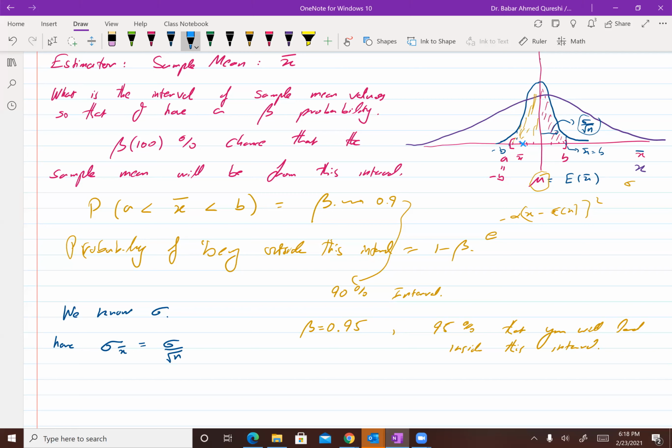Now, if you land within this interval and you compute an interval of this same size, because this size of interval is governed by the width of this Gaussian, which is known.